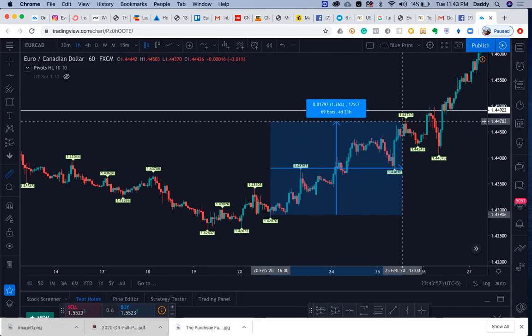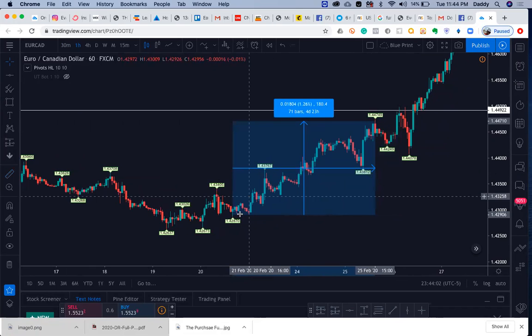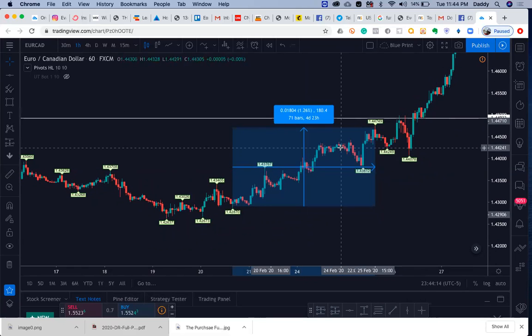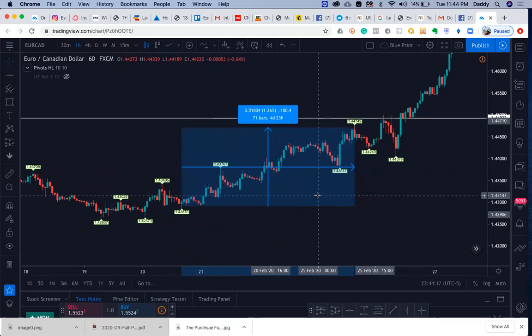And so from this low to this higher high is 180 pips. Now, granted, that's over 4 days, but hell, $180, 20 hours, you're not working 20 hours to earn it.